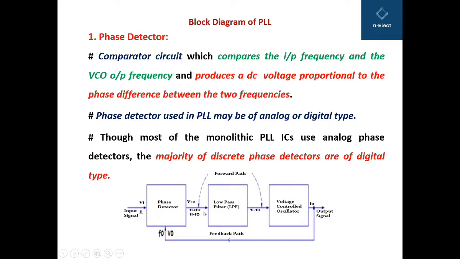So you are getting here two components, Fi plus F0, Fi minus F0. Phase detector used in PLL may be of analog or digital type. Though most of the monolithic PLL ICs use analog phase detector, majority of the discrete phase detectors are digital ones.